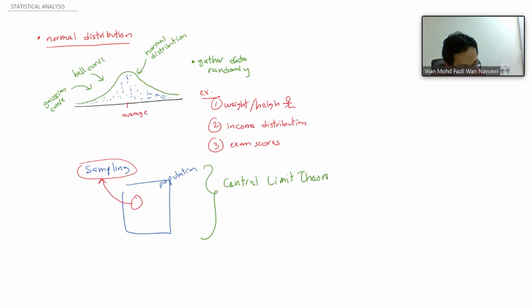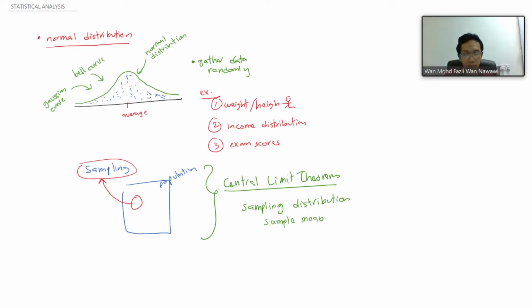The central limit theorem states that the sampling distribution, that is, how the sample data spreads, the distribution of the sample mean, will approach a normal distribution as the sample size, or n, gets bigger. What does sample mean mean? Mean is average.